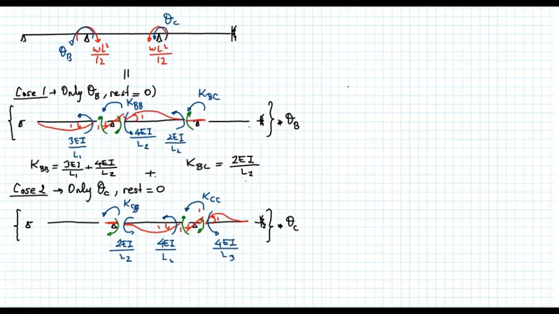And then write down the nodal equilibrium equations. And from the nodal equilibrium equation, I obtain KCB as equal to 2EI over L2, and KCC is equal to 4EI over L2 plus 4EI divided by L3.